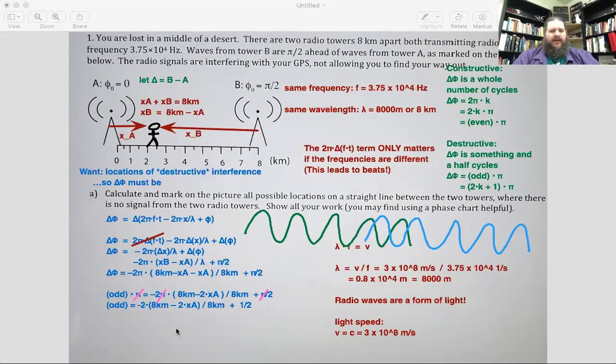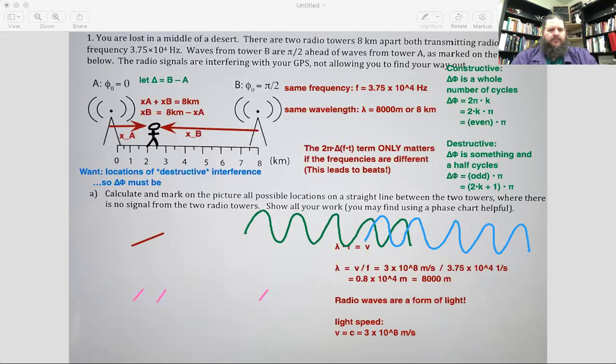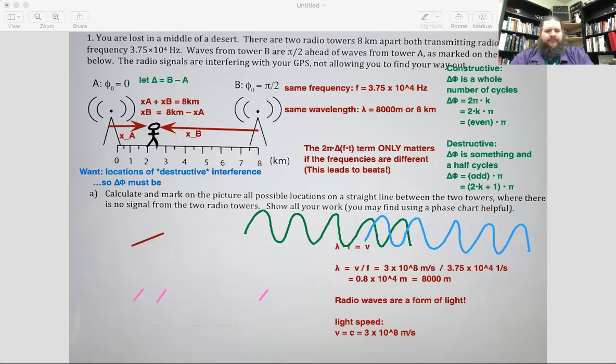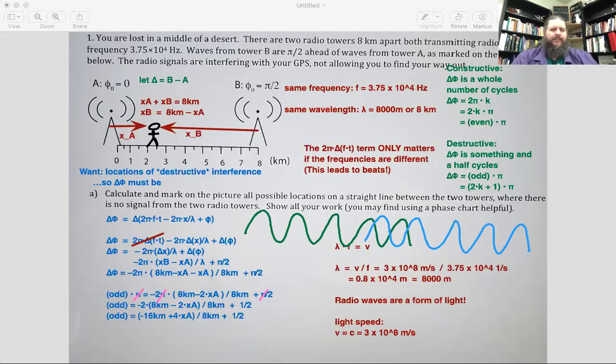Then we can simplify this whole thing. We could multiply by 2 and divide by 8. So odd equals -2 times 8 is -16 kilometers, -2 times -2 becomes +4 times XA, and then we're dividing that whole thing by 8 kilometers, and then +1/2, which is still +1/2.